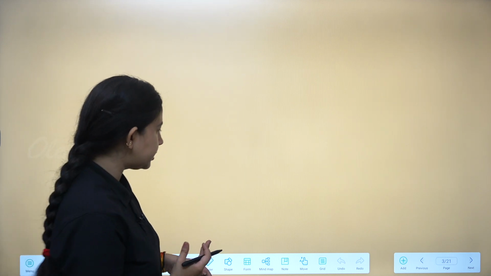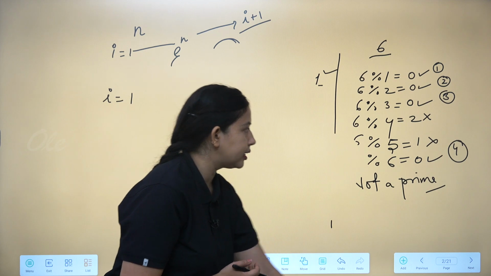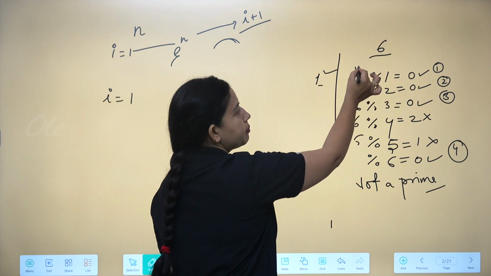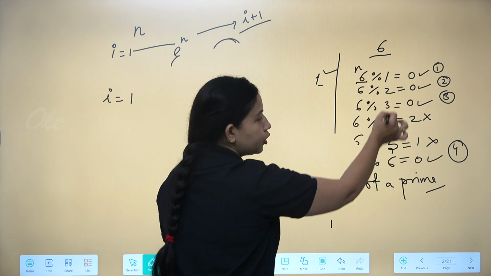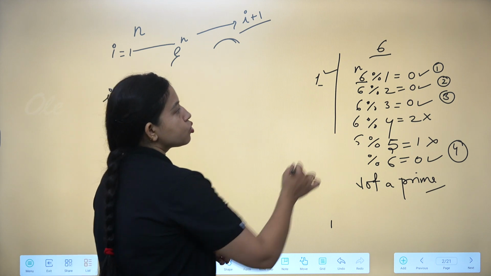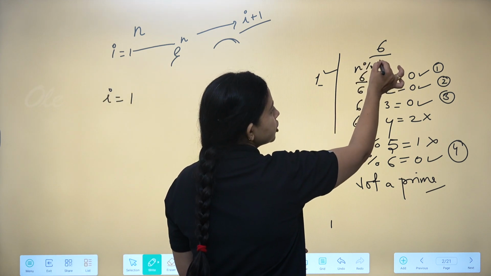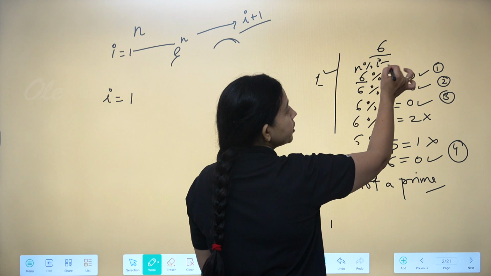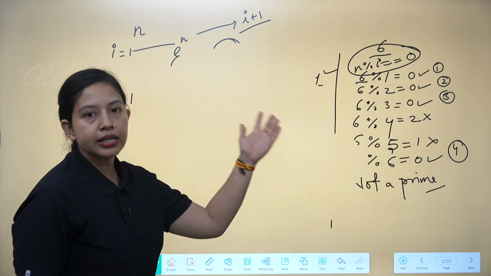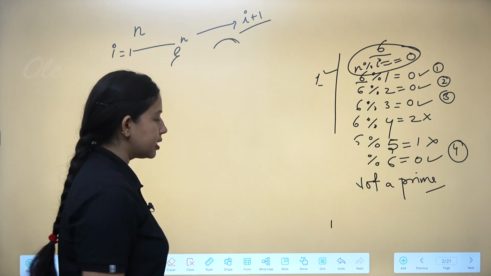I just let you know the condition. Suppose in place of 6 we have taken a number n, then n modulus 1, 2, 3, 4, 5. This can be clubbed inside a loop variable, so that loop variable can be mentioned over here, and it has to return 0. And we can form our condition with the help of this example.